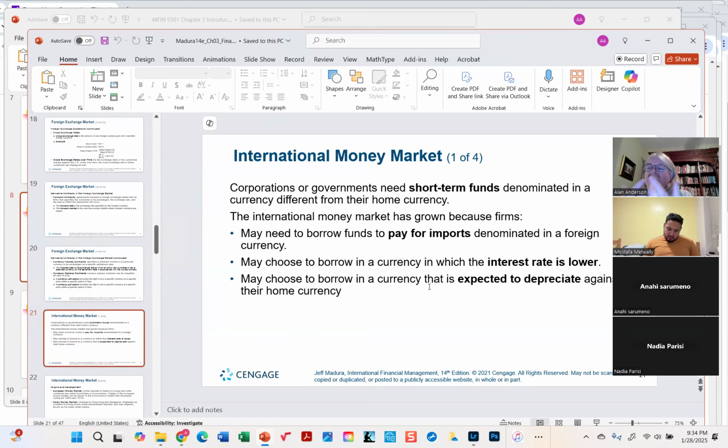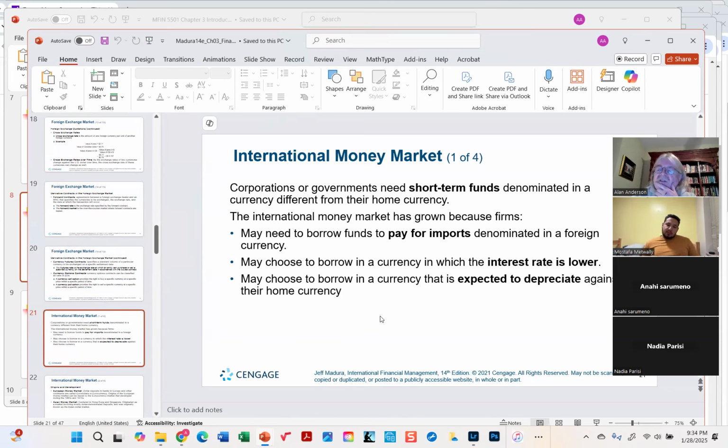You may be able to do this if you are a multinational that has branches in many different countries where you have the right to invest in different money market securities. If you manage this wisely, you may be able to save some money when you borrow, or earn a higher rate of return when you lend. So that's one of the reasons why this market is so large.